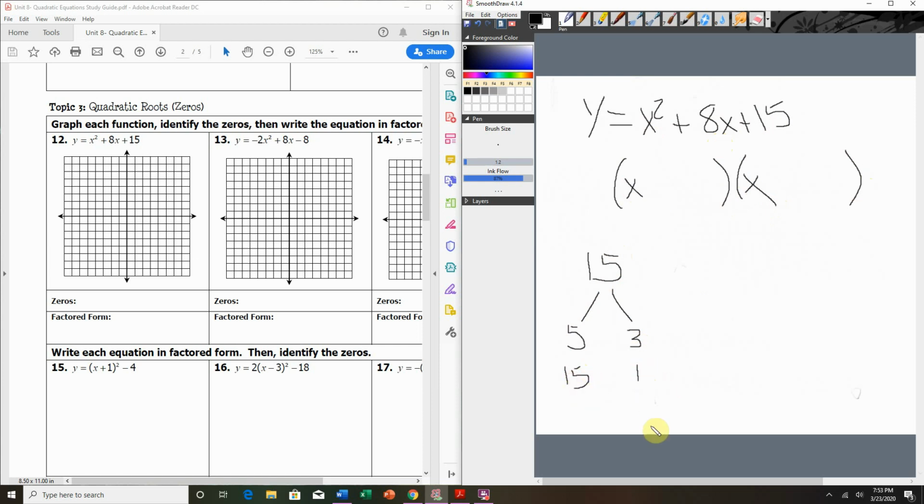We have 15: 5 and 3, 15 and 1, and that's it. 5 plus 3 we know is 8, and 15 plus 1 we know is 16, so it cannot be this one. So it has to be plus 5 and plus 3. Remember to check for your positives and positives or negatives and negatives, whatever the signs are. So x plus 5, x plus 3 would be your answer for factored form.